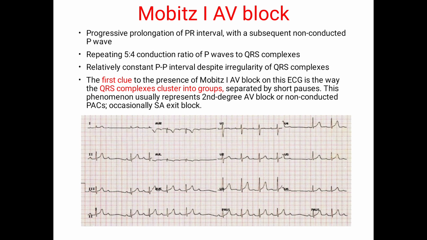The first clue to the presence of Mobitz I block on the ECG is where the QRS complexes cluster into groups and they are separated by short pauses. This phenomenon usually represents a second degree AV block or non-conducted premature atrial contractions. Occasionally the sinoatrial exit block.